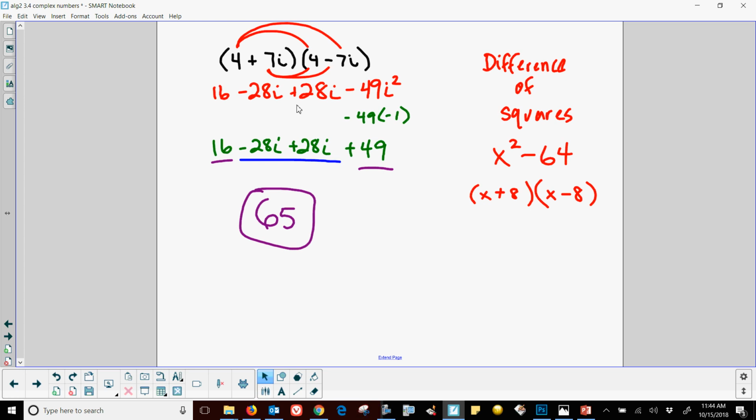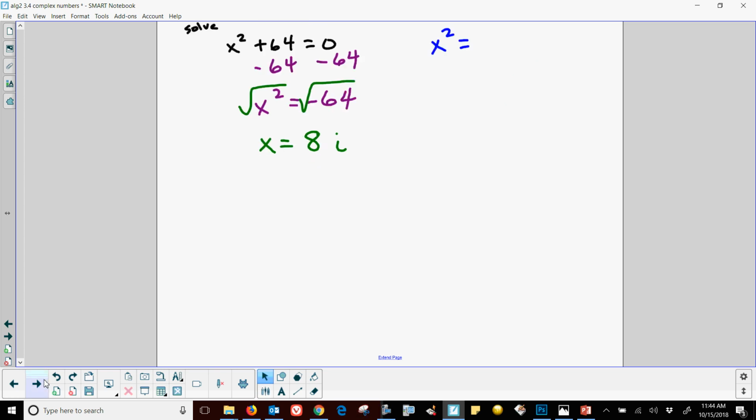That combines, but with -28 and +28, these middle i's disappear. I'm down to just an answer. This is going to be huge for us in the next video, because we're going to have to figure out how to get rid of i in one spot and have it kind of get moved around.